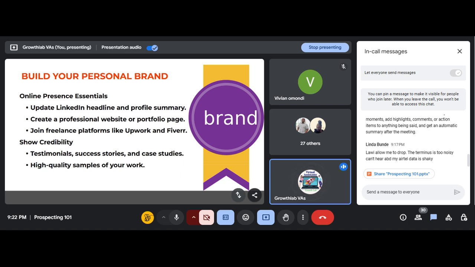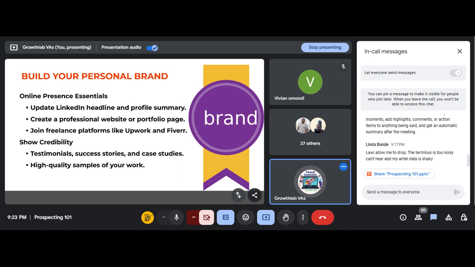We have a number of platforms which allow you to create a portfolio page. Canva is one of them. You create a portfolio page which will look like a website, and this you can share when you're prospecting. So Canva is one. I think I had two more. I'll find the notes, then I'll share with you.